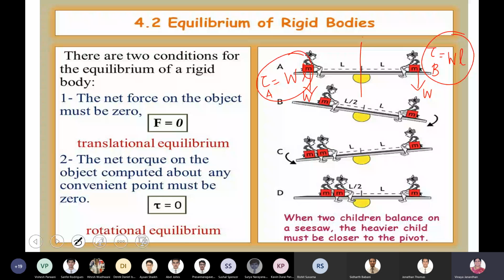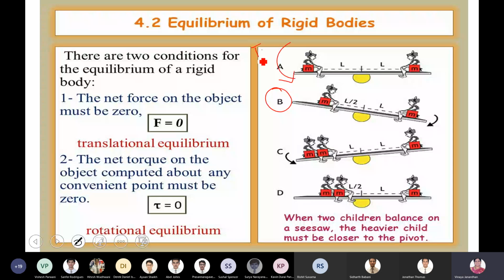Now look at figure B. Here the torque will be anti-clockwise, and here the torque will be clockwise, as in a seesaw.